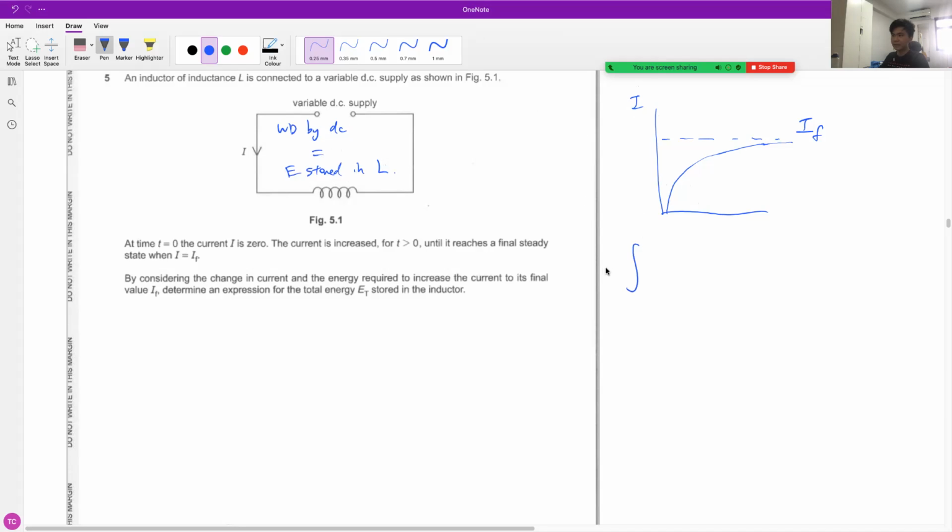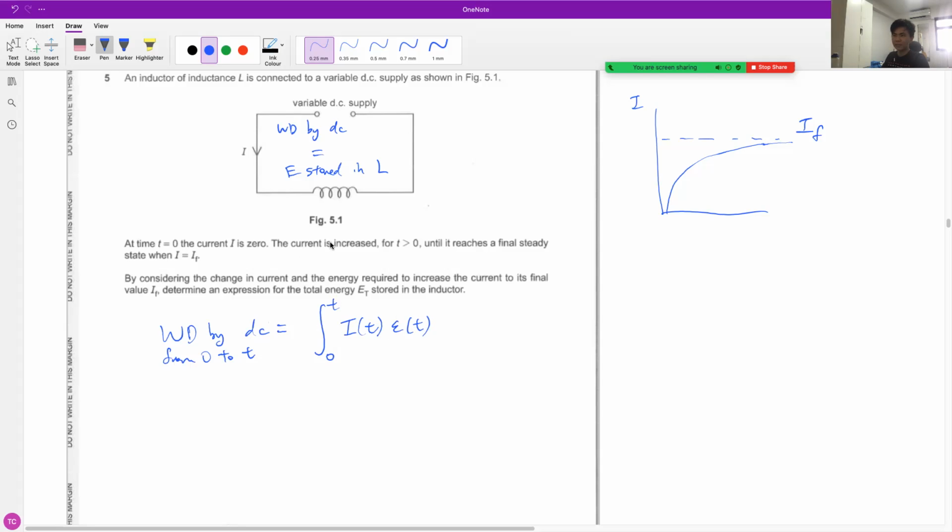The work done by the DC supply from time 0 to time t is equal to the integral of the current multiplied by the EMF of the DC supply.